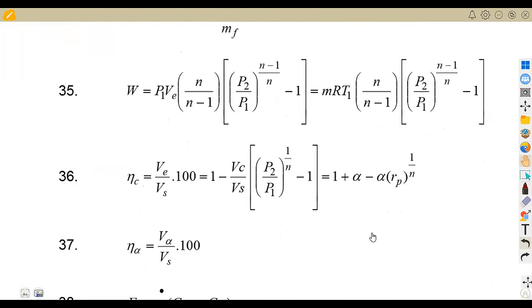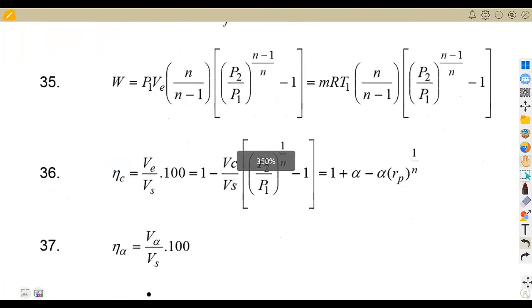This is the part of our volumetric efficiency. In this case, if you are to calculate your volumetric efficiency, we can use VE over VS, which is the stroke volume that we are given, but we do not have the stroke volume from the information that we have on that part, guys. We saw that we do not have the stroke, we are just given a ratio.